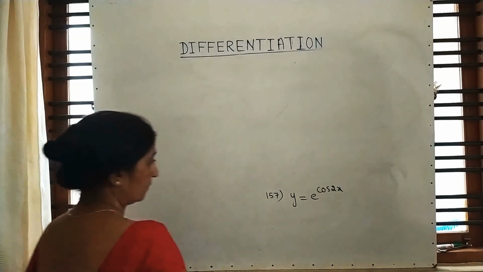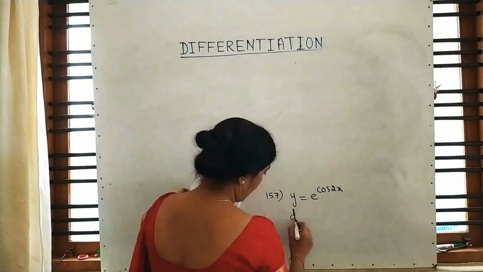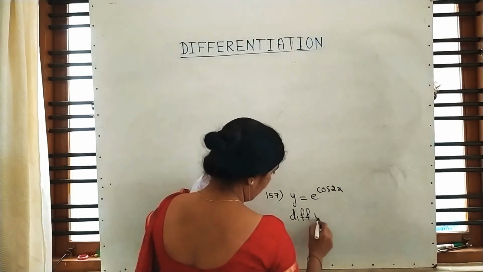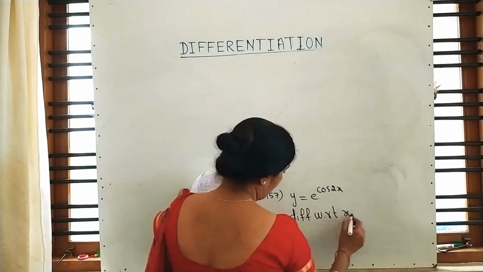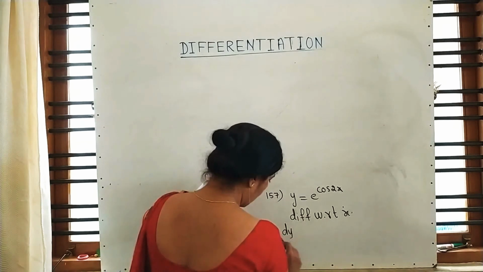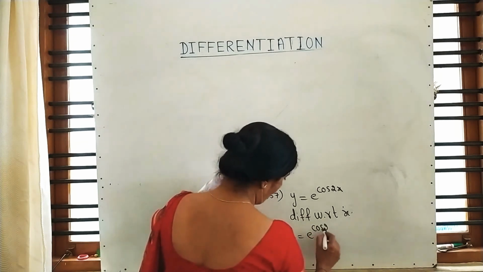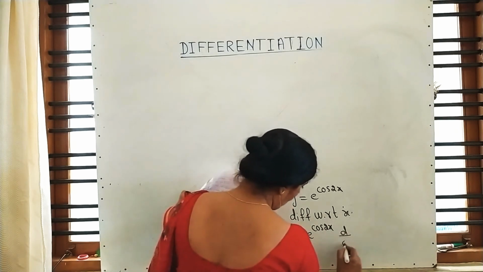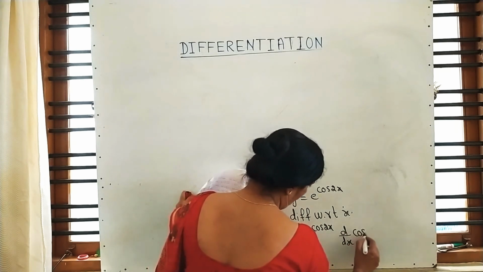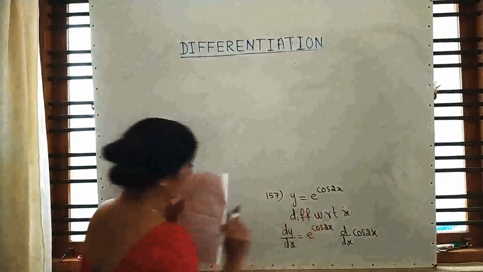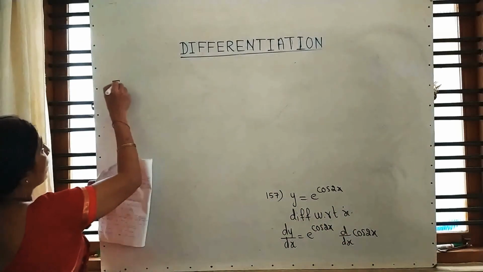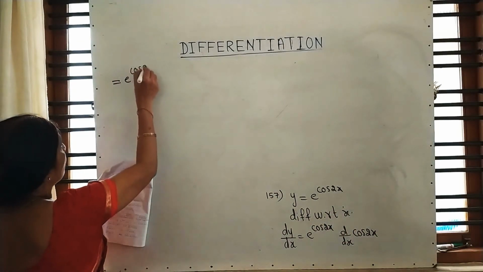Differentiating with respect to x, dy upon dx. It is e raised to cos 2x into differentiation of cos 2x. Power is other than x, so it is e raised to cos 2x.